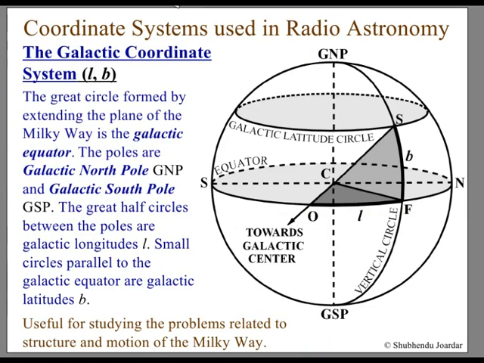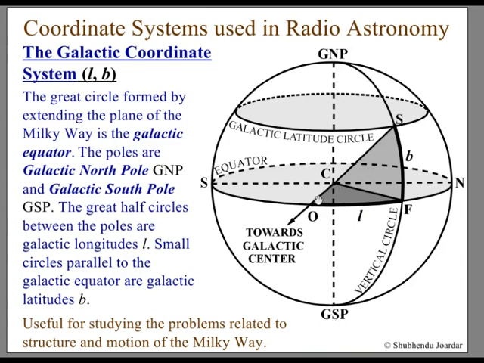Now we go to the actual diagram. You can see that our position is here, and this is called the galactic north pole. If you extend it to infinity, this point on the celestial sphere will be the galactic north pole. This point will be the galactic south pole.